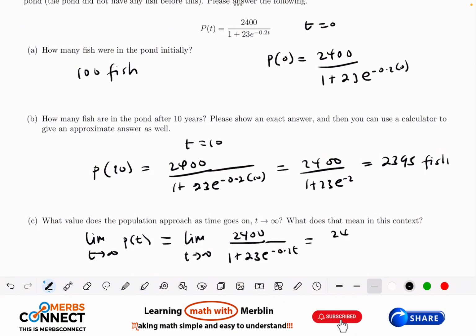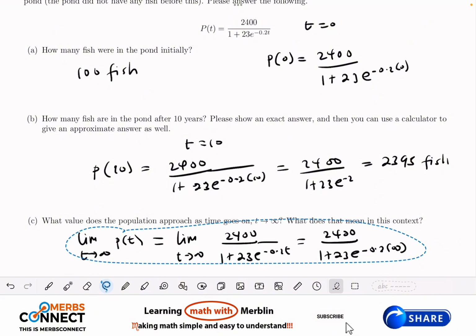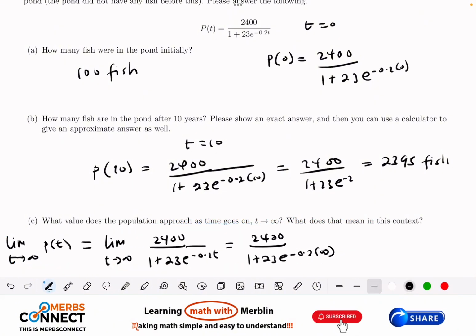I'll have 2,400 divided by 1 plus 23 e to the power minus 0.2 times infinity. So what am I going to get?